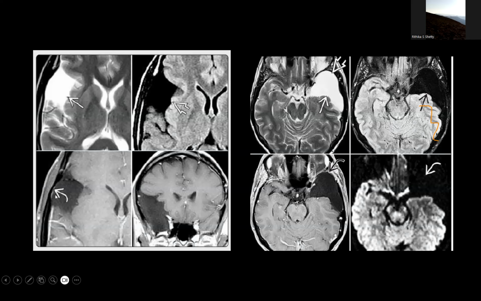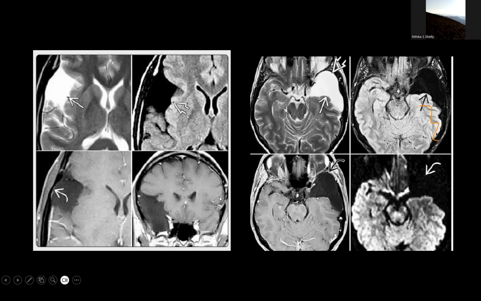The main dictum here is it follows CSF. So we have an extraaxial lesion following CSF, having mass effect on adjacent structures and also causing bony remodeling. Again, in the second case, we have a lesion which follows CSF, suppressed on FLAIR, on post contrast does not enhance, has a mass effect on adjacent structures, and on diffusion weighted imaging, it is not showing diffusion restriction.